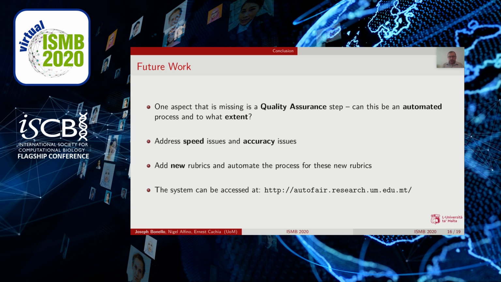As regards the accuracy issues, what we want to do is increase the vocabulary and the features and things that the tool would look for in order to make an assessment. We also want to be able to add new rubrics and automate the process when new rubrics are published. This is a process that is going to be done as we continue evolving the tool.